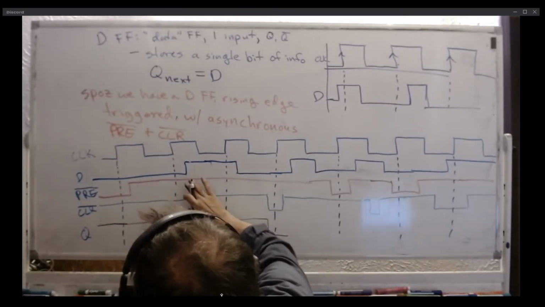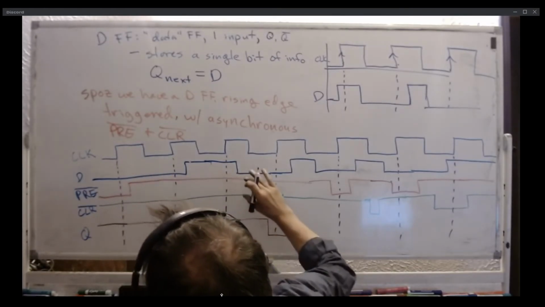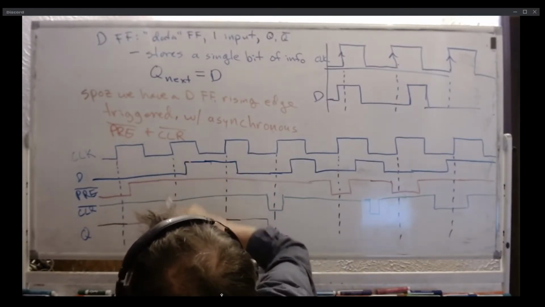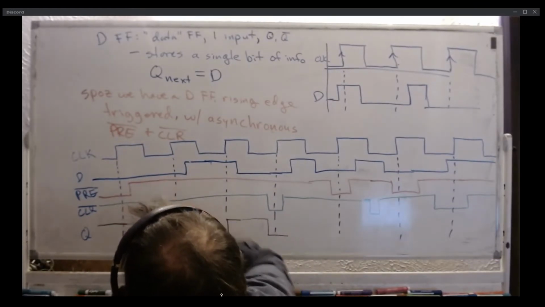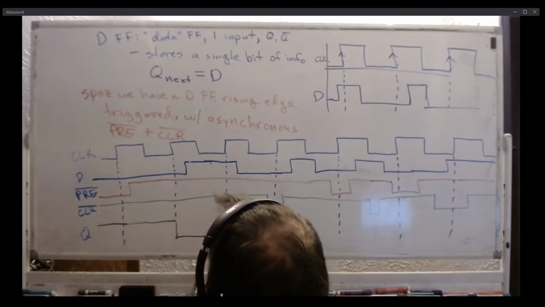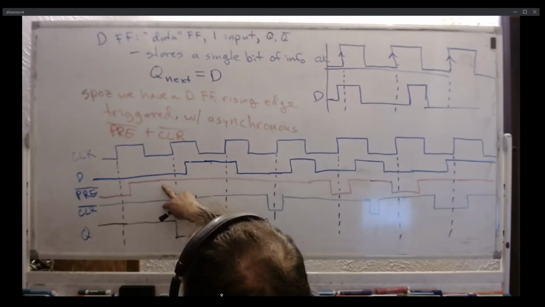But with preset and clear inactive during this time, Q is going to follow D, because preset and clear are both inactive. Why are they inactive? Because they're high. If they're both high, then they're inactive?